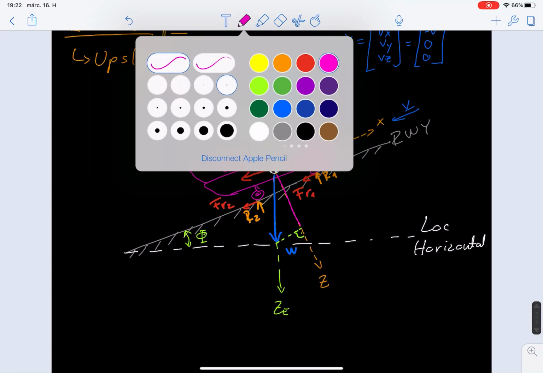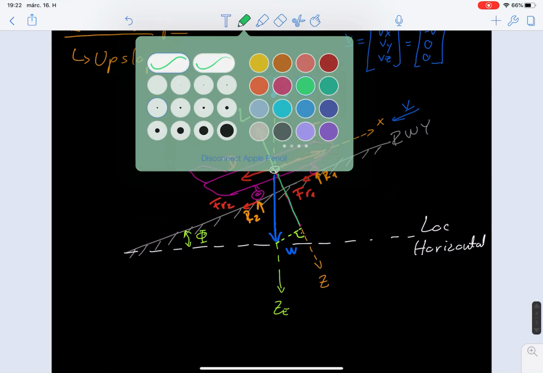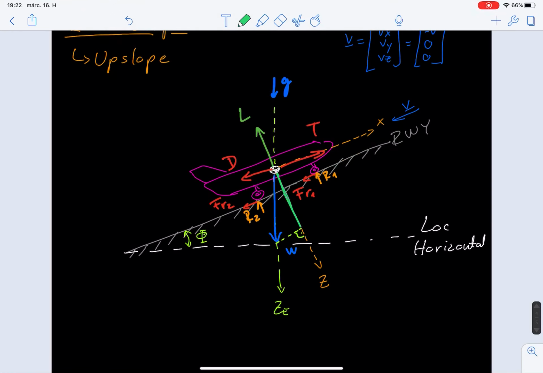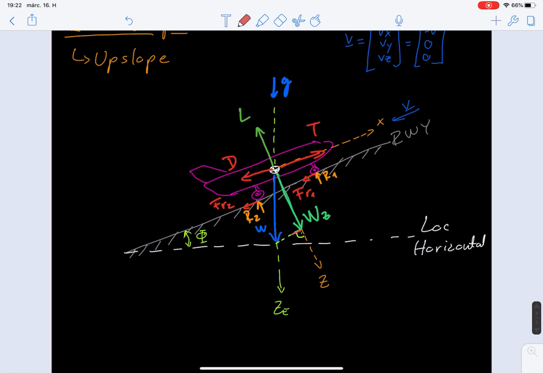The color is not very visible, so let's choose another one. So we're going to have a weight component in the vertical axis. Let's call this WZ, and we're going to have a component of the weight acting in the longitudinal direction, and we're going to call this WX.